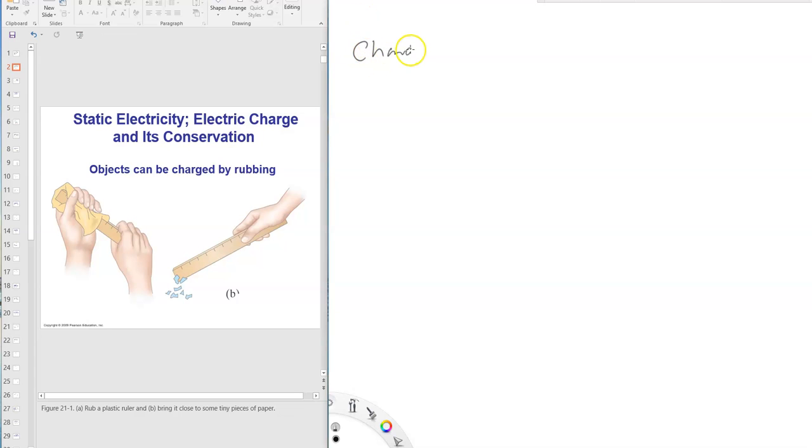Charge can be divided into two types: positive and negative. Examples, you might have heard of these terms before. For positive charge, a simple example is a proton.